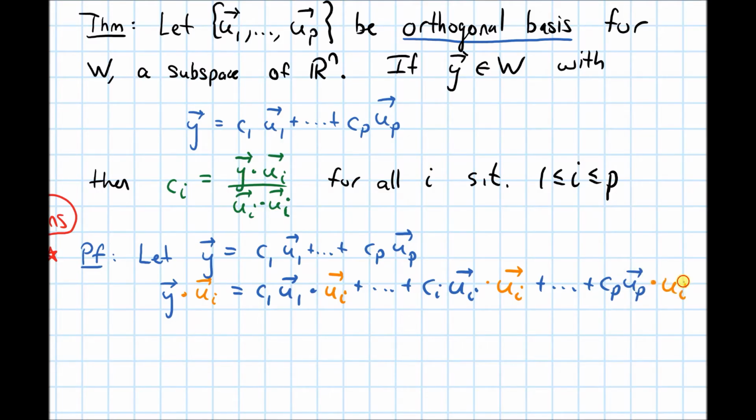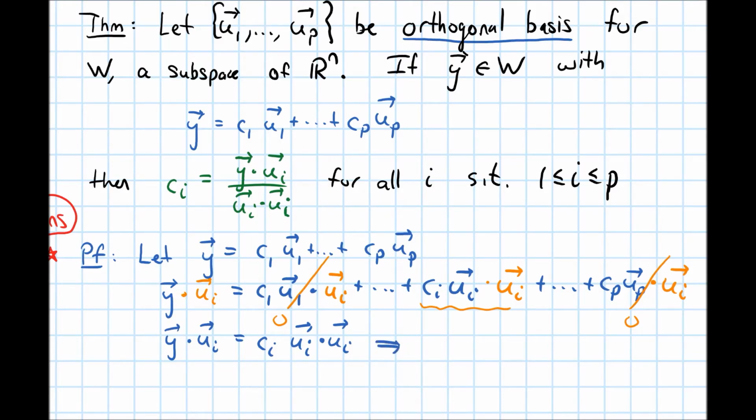Just like we saw before, a bunch of these terms are going to be 0. In fact, all the terms on the right hand side are going to be 0 except for this term right here. So what this leaves us with is y dotted with ui on the left, and on the right we have ci times ui dotted with ui. Let's put vector arrows on those.